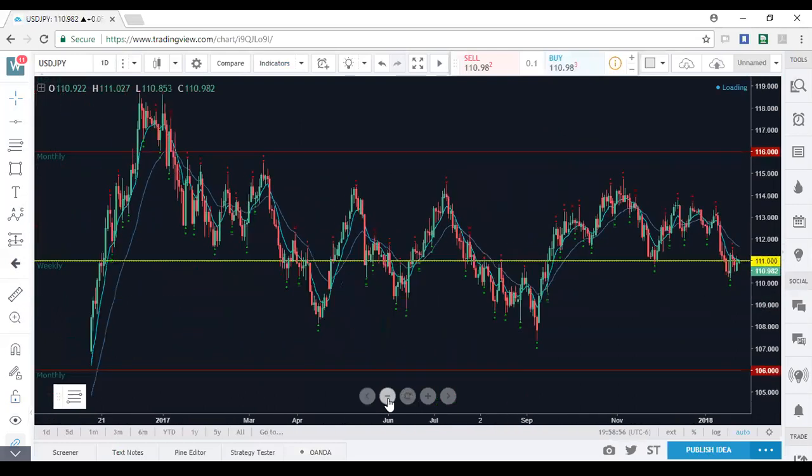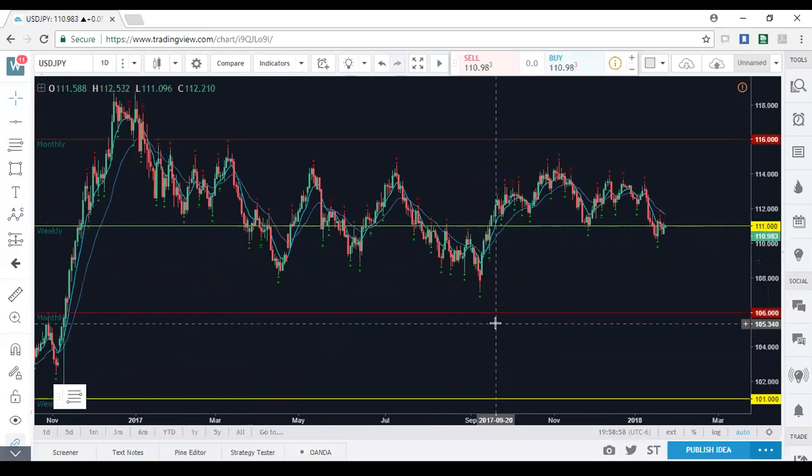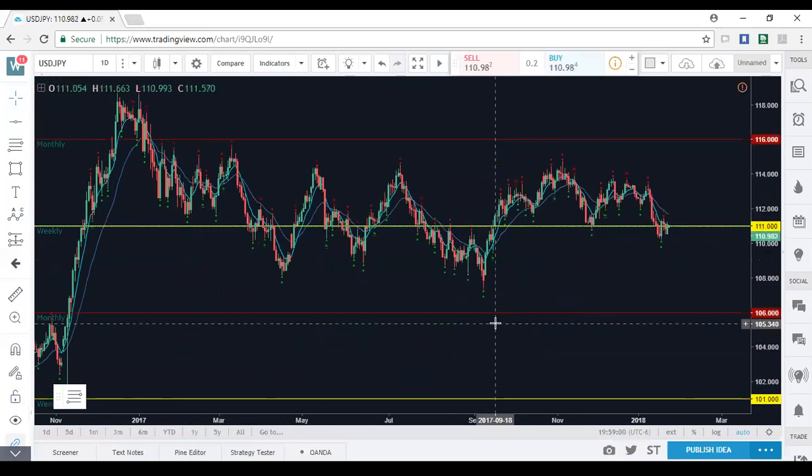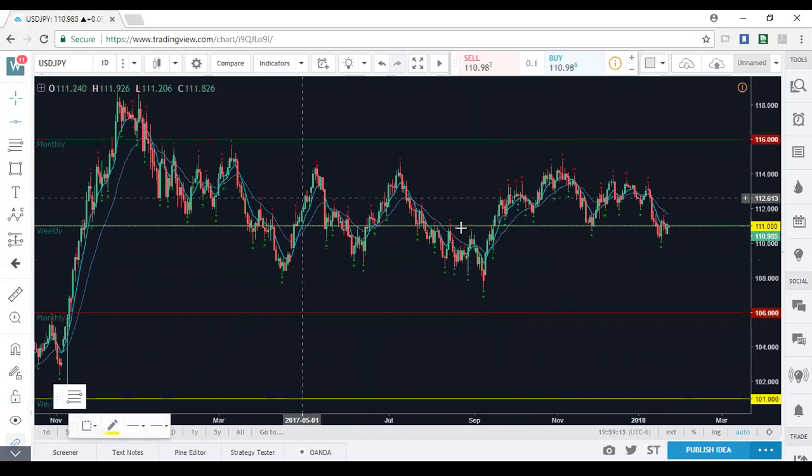And then just zoom out a little bit. And on this chart, guys, you can mark up your most recent swing points, just like we did on the monthly chart. But you'll use a different color line.